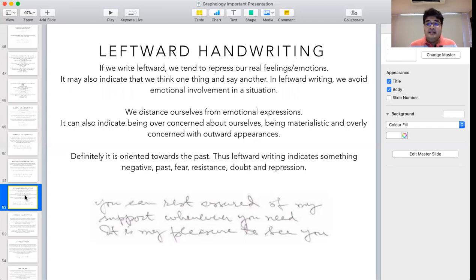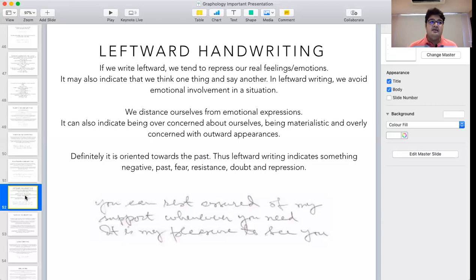Definitely it is oriented more towards the past. So more often than not, these people would become extremely nostalgic by nature very, very easily. Thus, leftward writing indicates something negative about the past: fear, resistance, doubt, and repression.